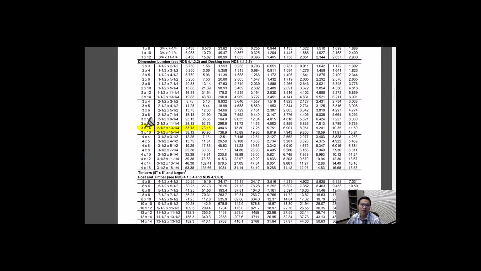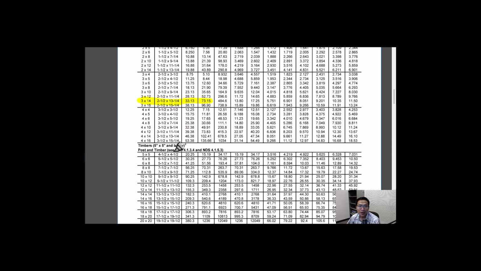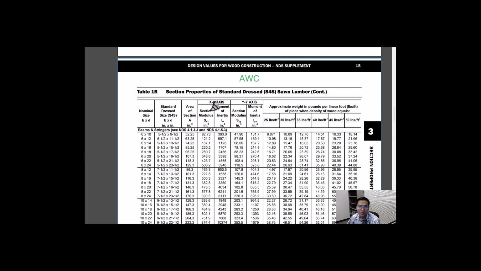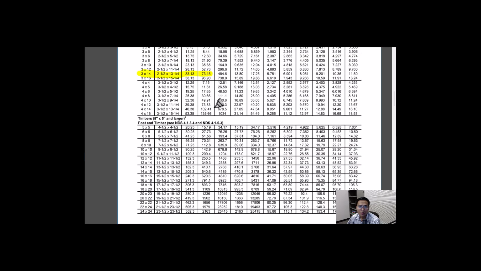In the exam, if you select 3 by 14, that is still correct. However, in real life, even though it's correct, it may not be a good option because you can still save money. So let's try another option.